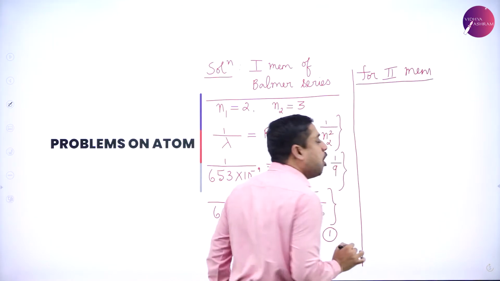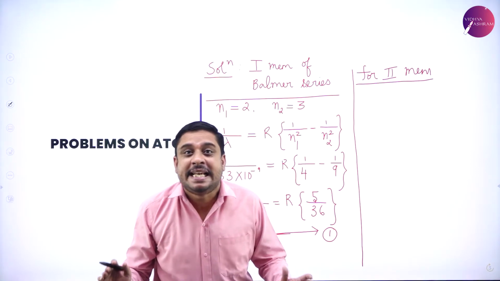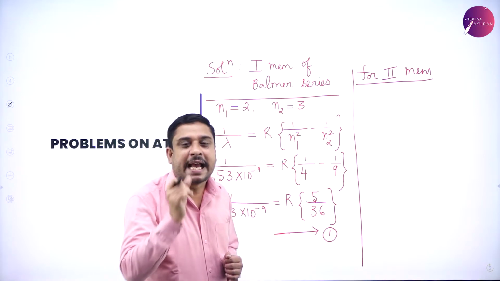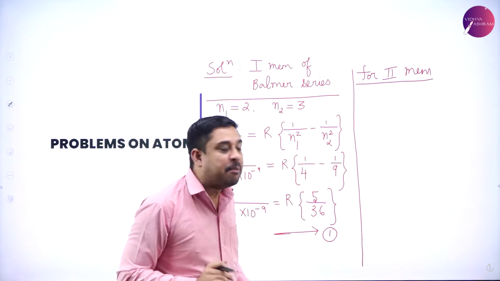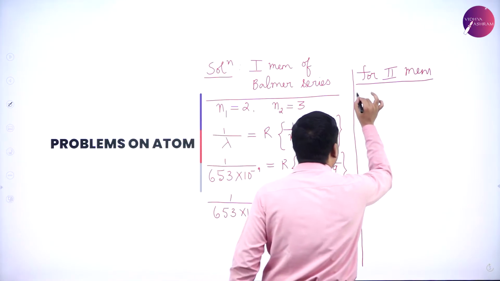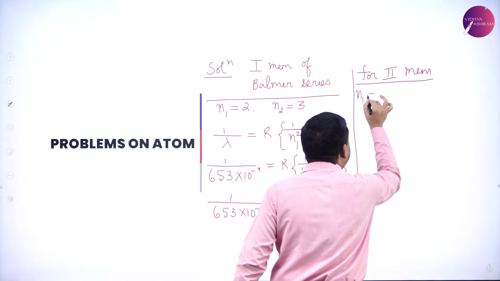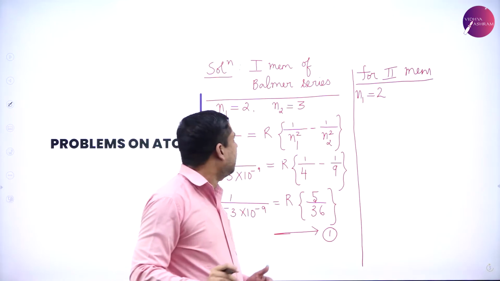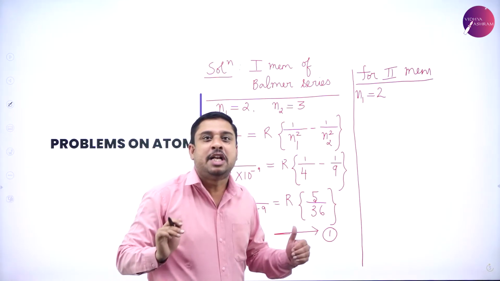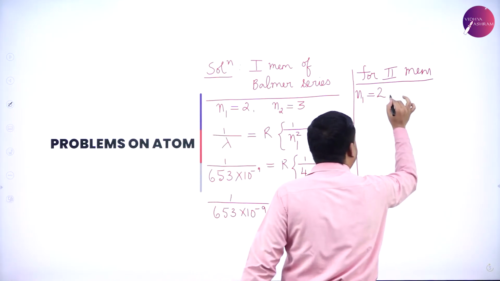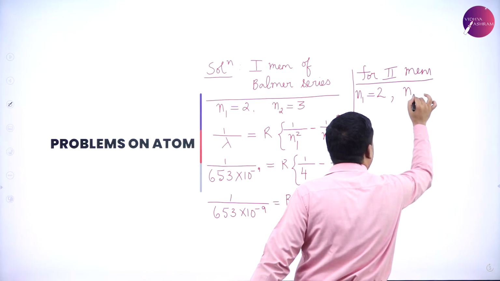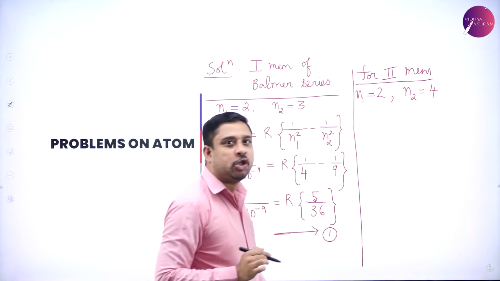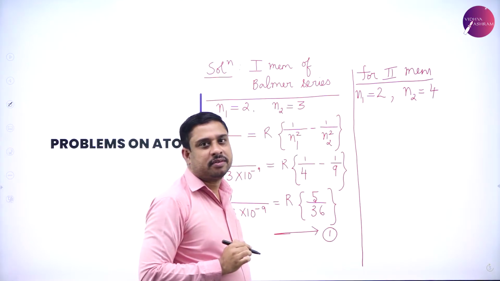second member of the same series, they have said, which means second member of the Balmer series. N1 remains the same. It is Balmer series only, isn't it? I told N1 value is fixed. Since it is the second member, N2 is 4.